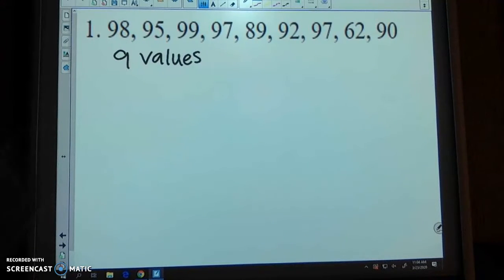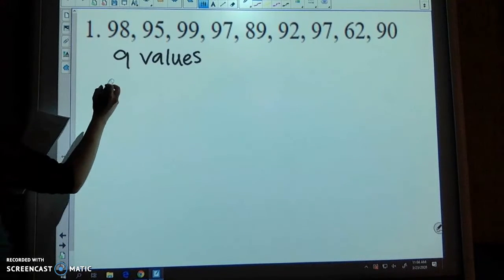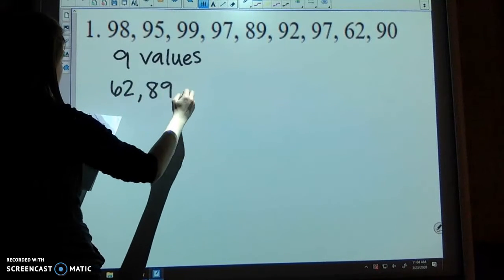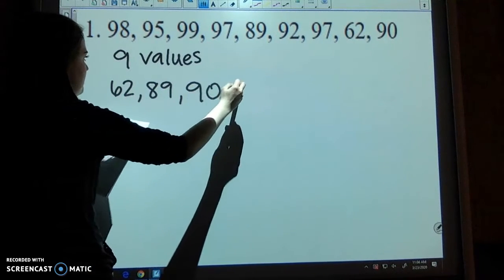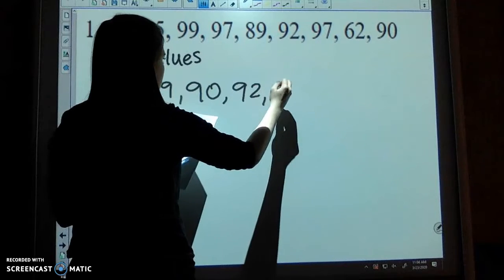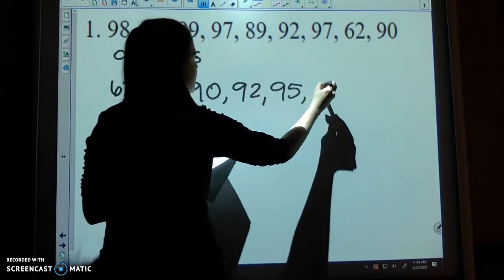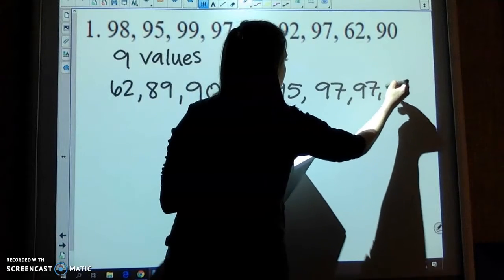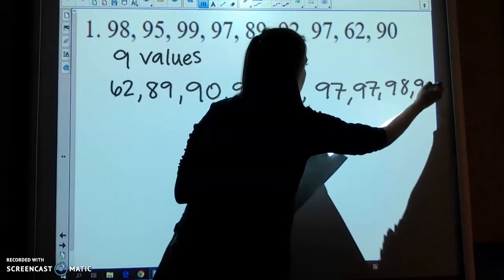This is called numerical order. So we start and we go 62, 89, 90, 92, 95, two 97s, 98, and 99.